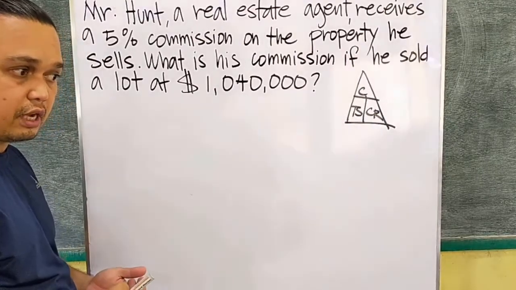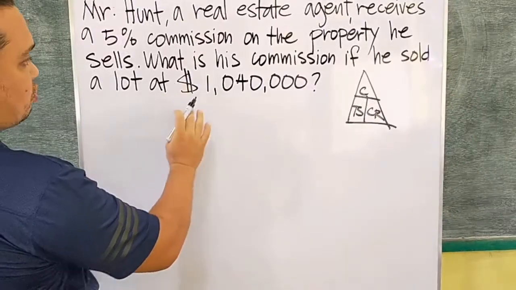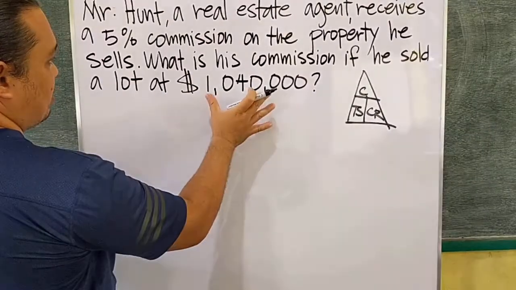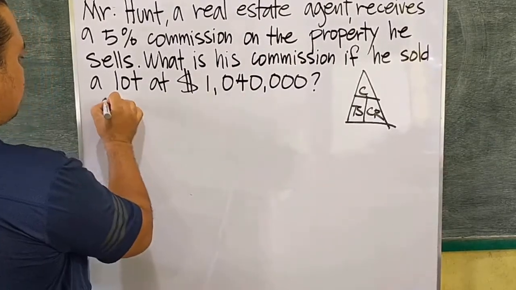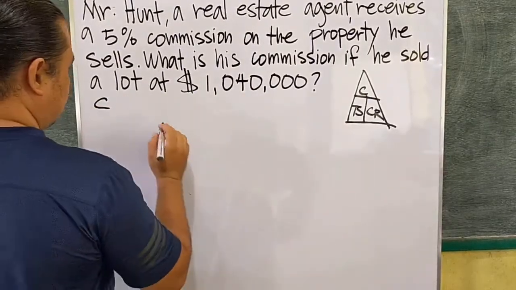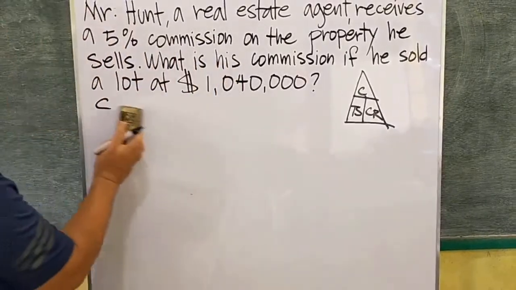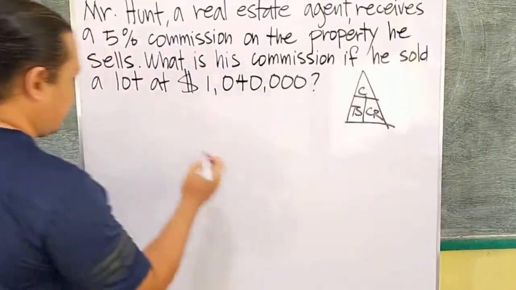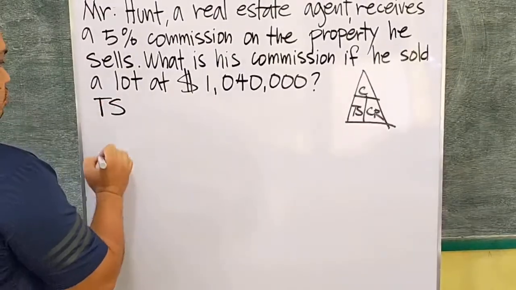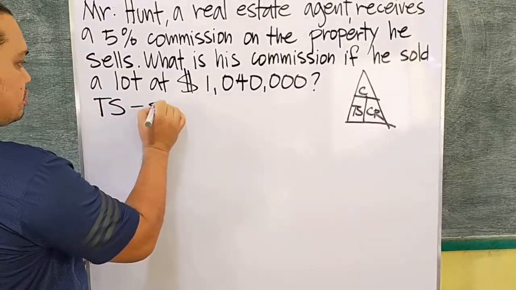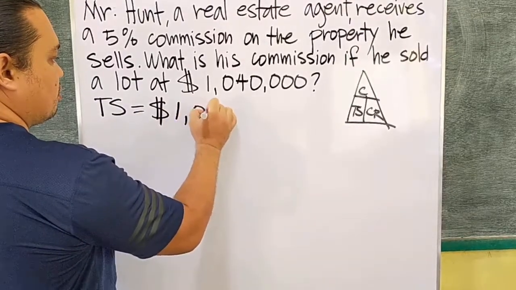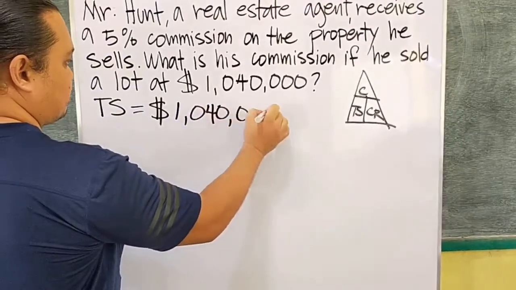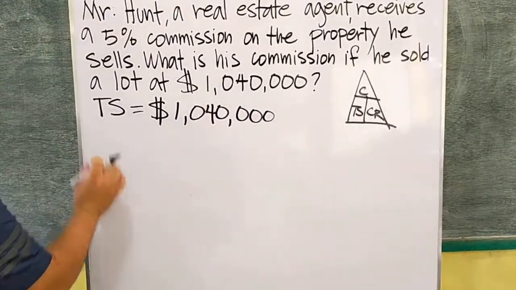Let's first write the given. Given here is the total sales, which is $1,040,000. TS for total sales equals $1,040,000. That's the total sales.